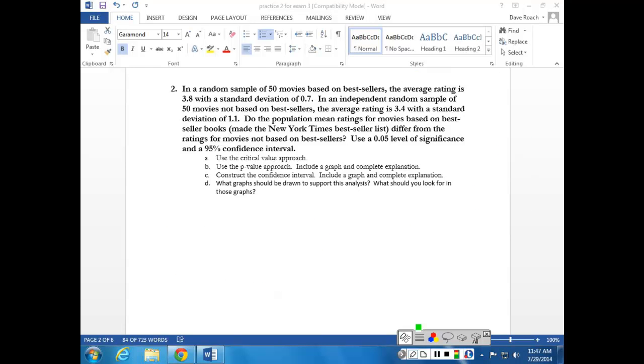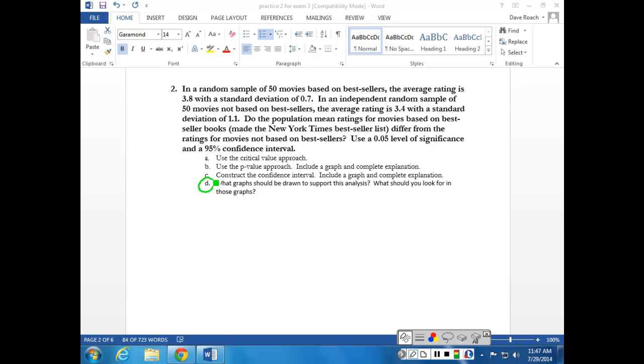Okay, there's one other question here, and that is, what graphs should you draw to support this analysis? So if you're going to actually collect this data, and you had all the data, what graphs would you use to display the data or to do other things?